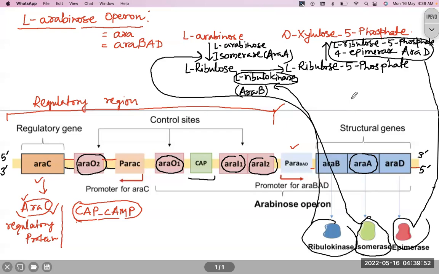Students, in the next class, we will see the regulation of this operon, and there we will discuss these control sites and this regulatory gene araC, and how this whole regulatory region is involved in the regulation of the expression of these structural genes.